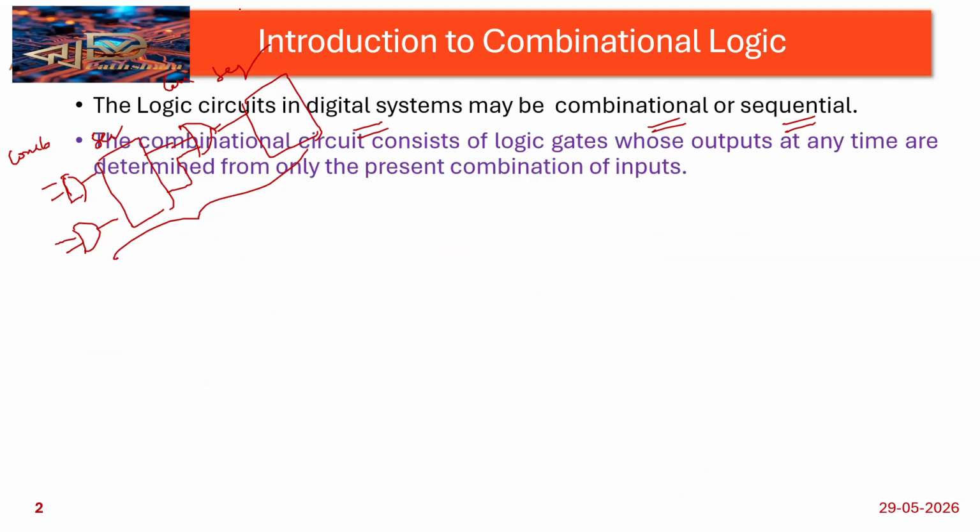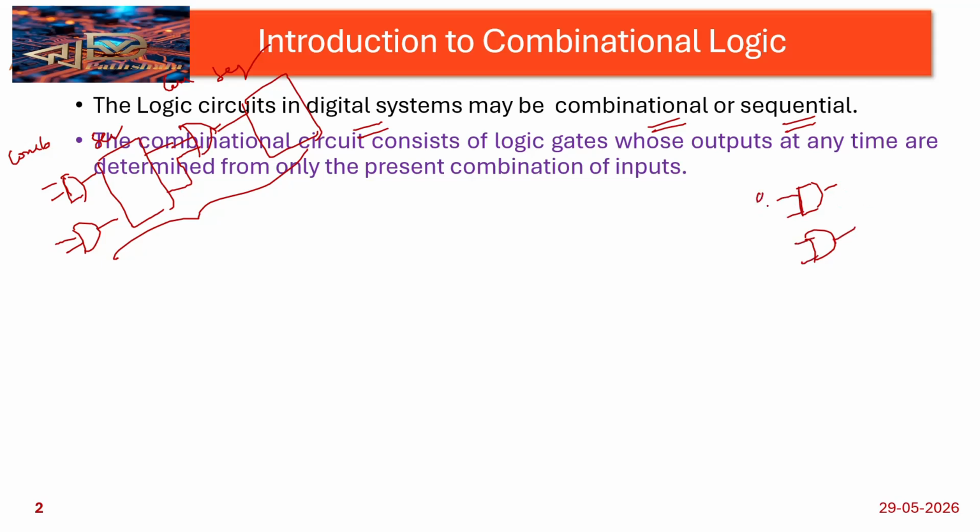Then combinational circuits always consist of logic gates only. Because in combinational circuits the output depends upon the present input only, and there are no past outputs it depends on. Whenever you give the input, immediately you get the output, right? Suppose for any AND gate or OR gate we are designing, I get the output immediately.